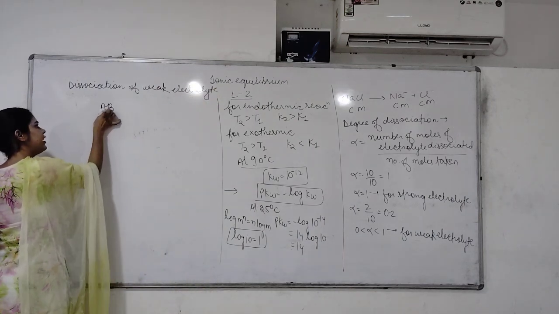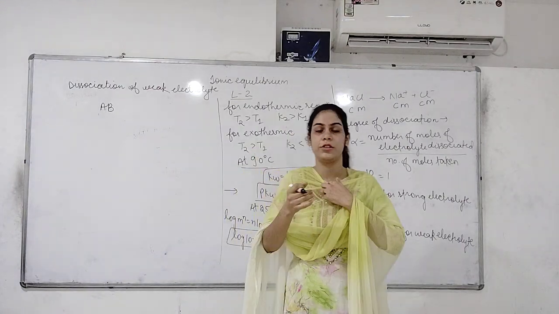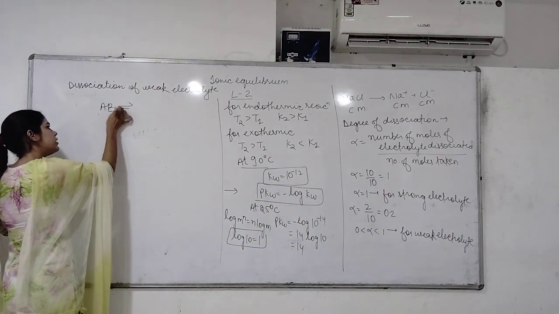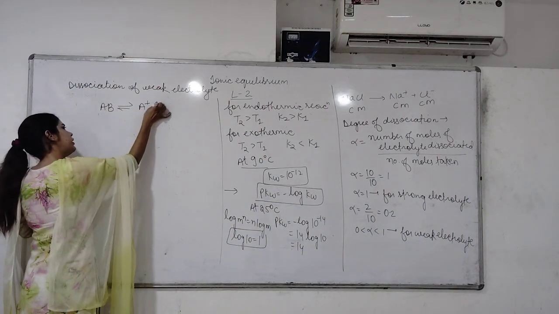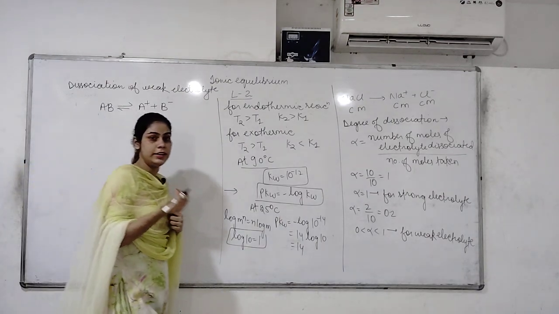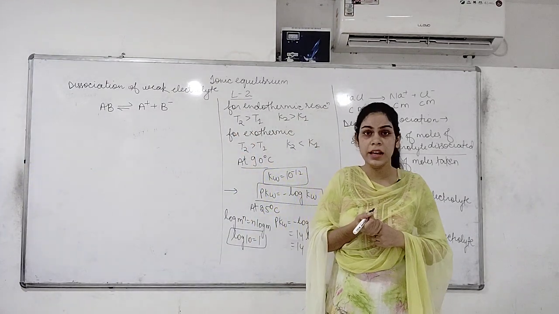Suppose AB is a weak electrolyte, means it does not show 100% dissociation on dissolving into water. Since it does not get dissociated 100%, I can consider it as a reversible reaction, AB producing A positive and B negative.